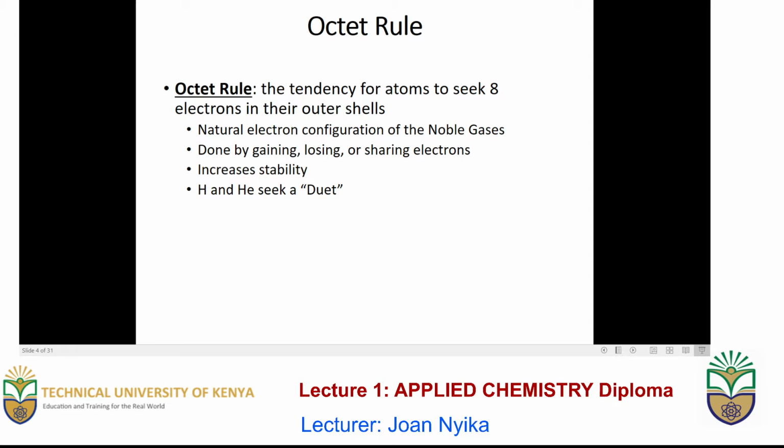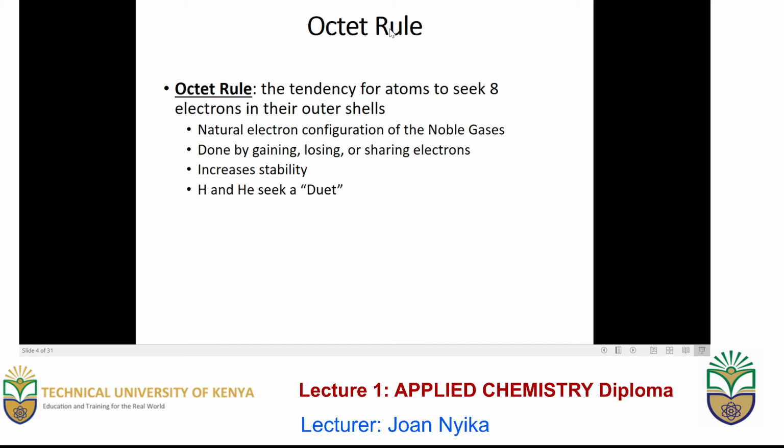Any other element that does not meet the requirement of the octet rule is seeking to do so by either losing, gaining, or sharing the electrons. And this is what we will see when we are talking about chemical reactions or chemical bonding. It involves either the gaining, the losing, or the sharing of the various electrons. And the aim to meet the octet rule is for a certain element to be stable.